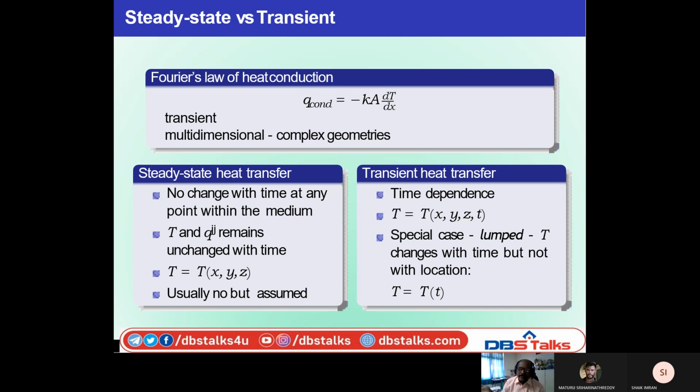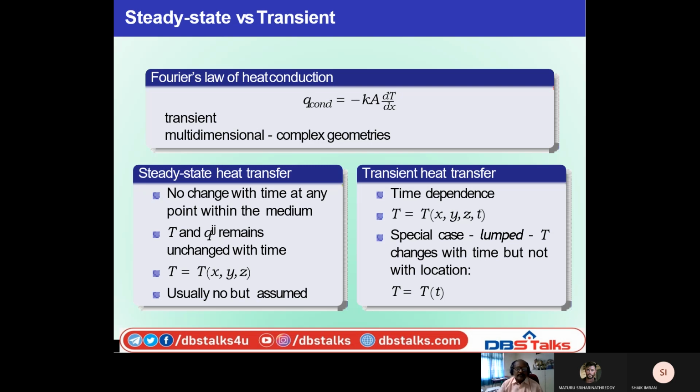At sunrise there will be some temperature. When time increases and it comes to noon, there will be very high temperature. Again, when it comes to sunset, there will be a different temperature. When time changes, temperature also changes; this is called unsteady state or transient heat transfer.